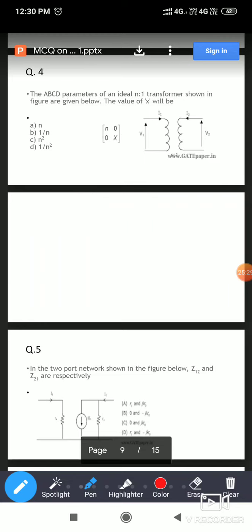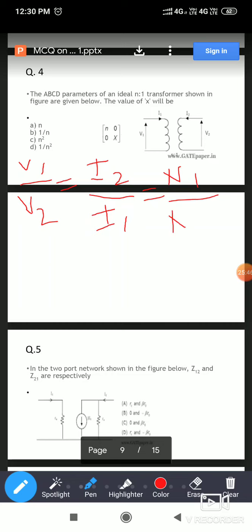Now according to the property of transformer, V1 divided by V2 is equal to I2 divided by I1 is equal to the number of turns of the primary coil divided by the number of turns of the secondary coil, that is N1 divided by N2. So N1 is given, that is small n, and N2 is 1, that is given here.